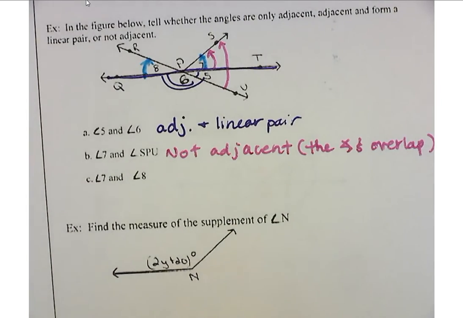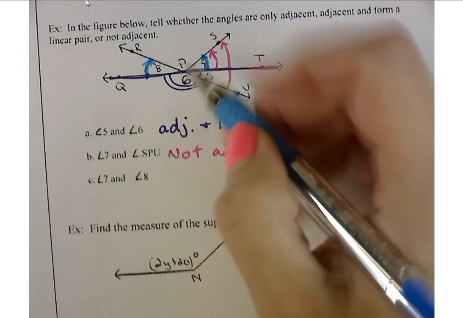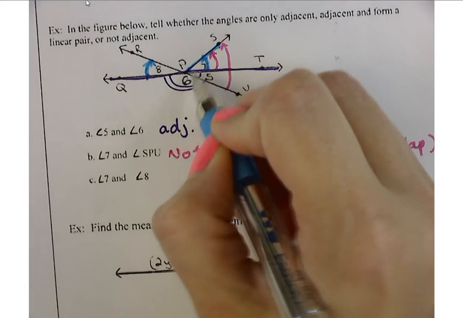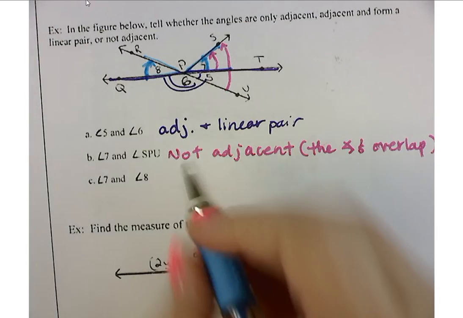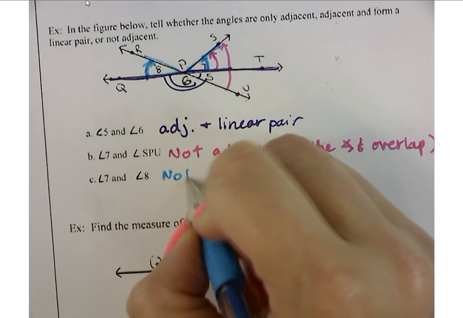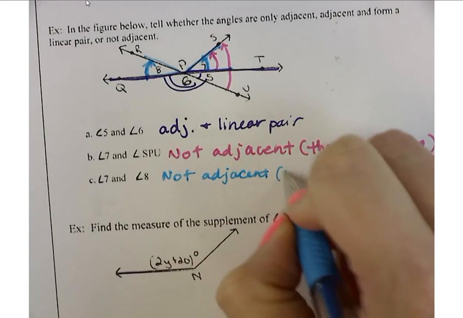QP and PT, those are not the same, right? That's an angle, right? Do they share a same side? No, the sides of this angle are PS and PT. The sides of this angle are PR and PQ. So they are not adjacent because they do not share a side.